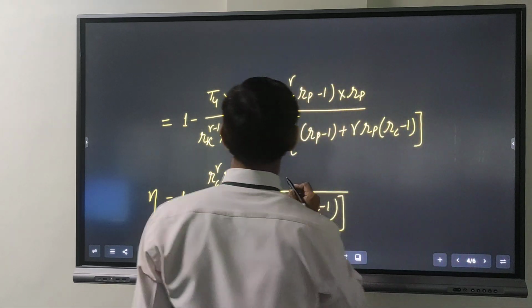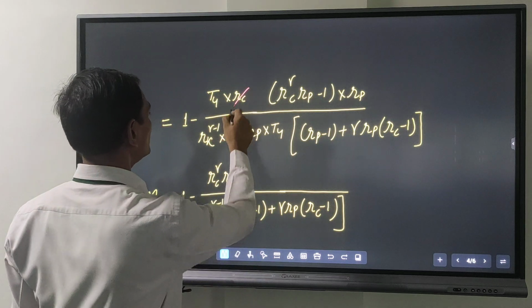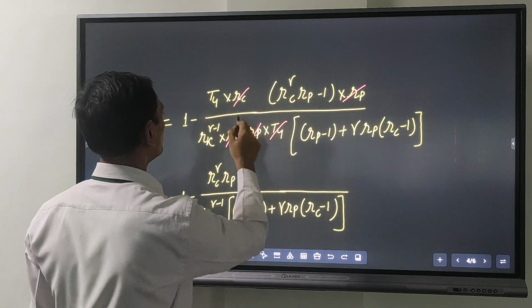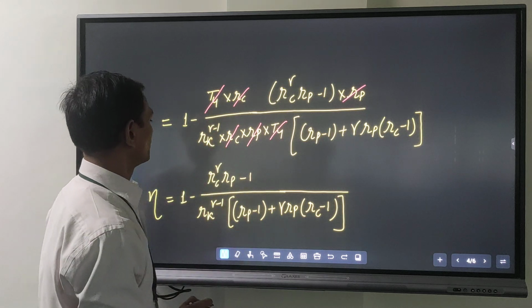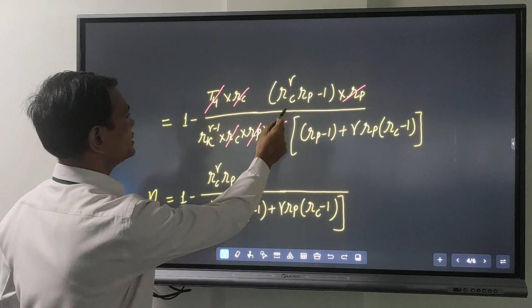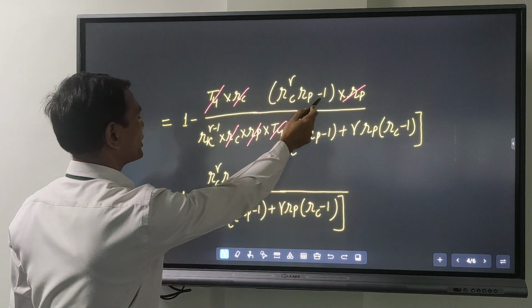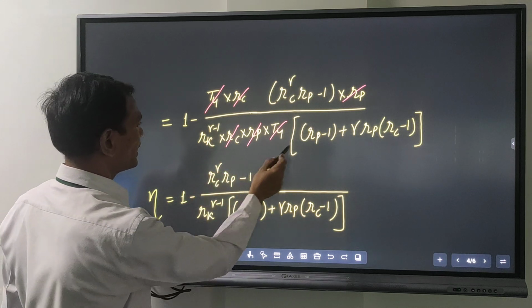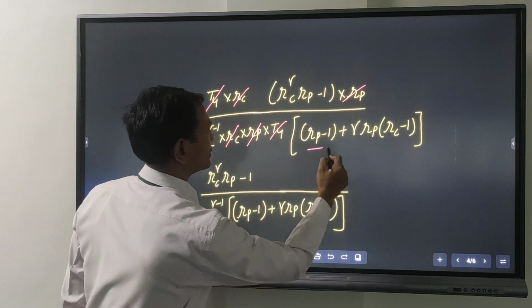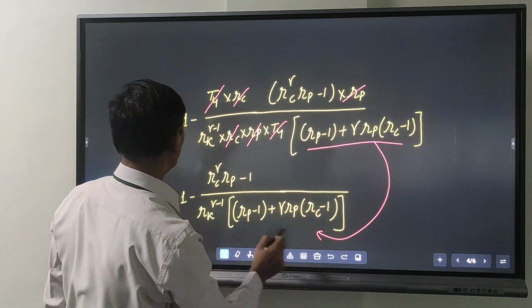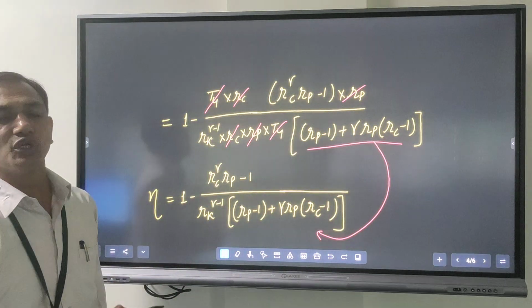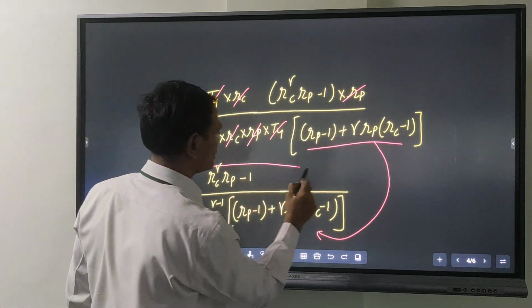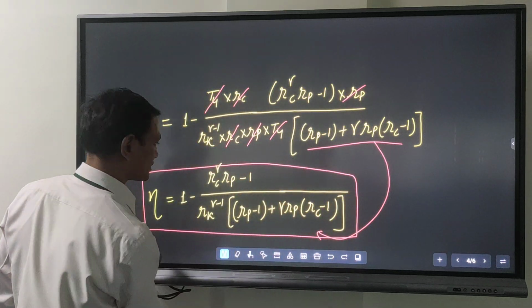So Rc will be cancelled, Rp will be cancelled, T4 will be cancelled. Then Rc gamma (Rp minus 1) by Rk to the power gamma minus 1, and the Rp terms remain. So this is the efficiency of the dual combustion cycle.